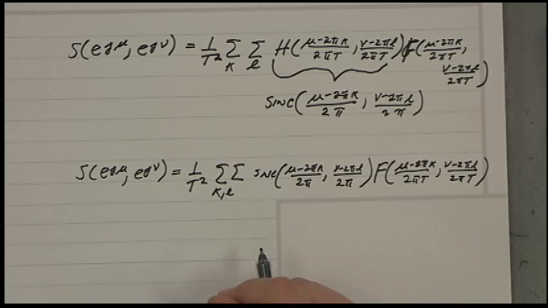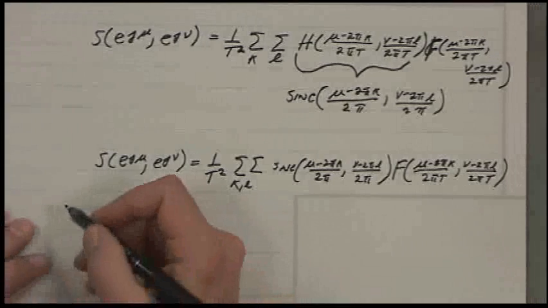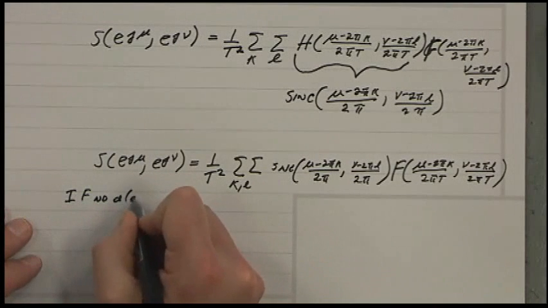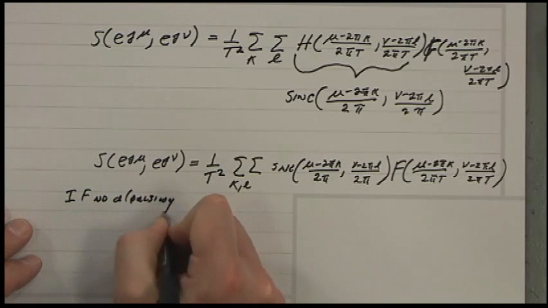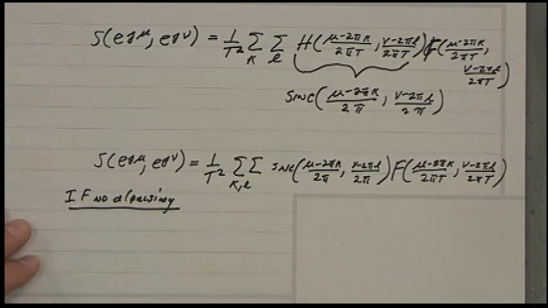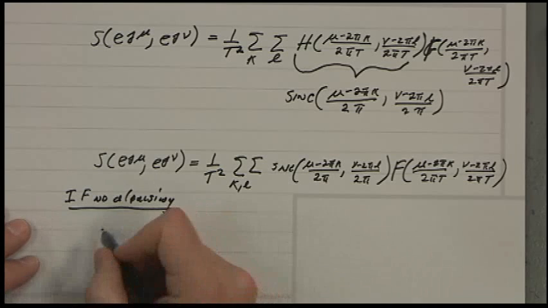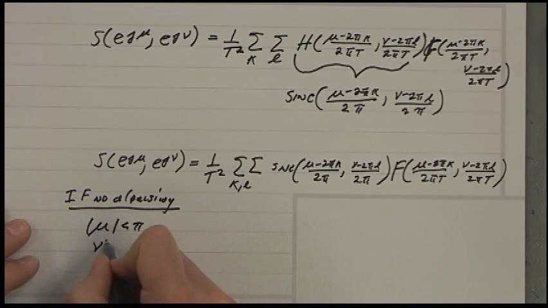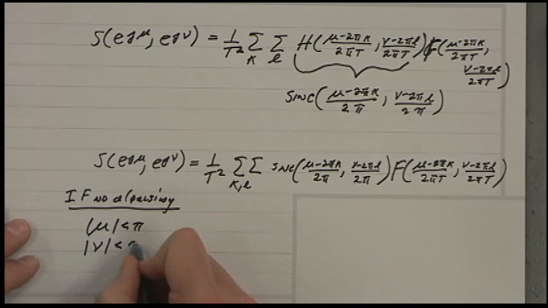Now, if there's no aliasing, then the formula simplifies for mu less than pi and for nu less than pi.